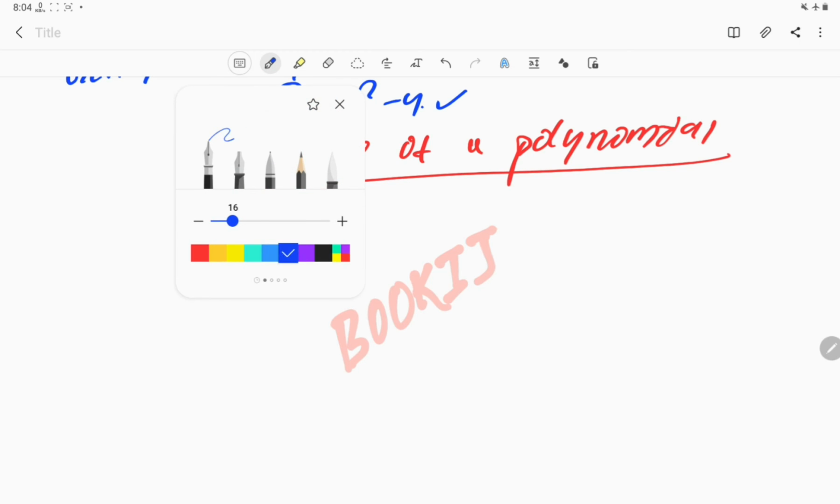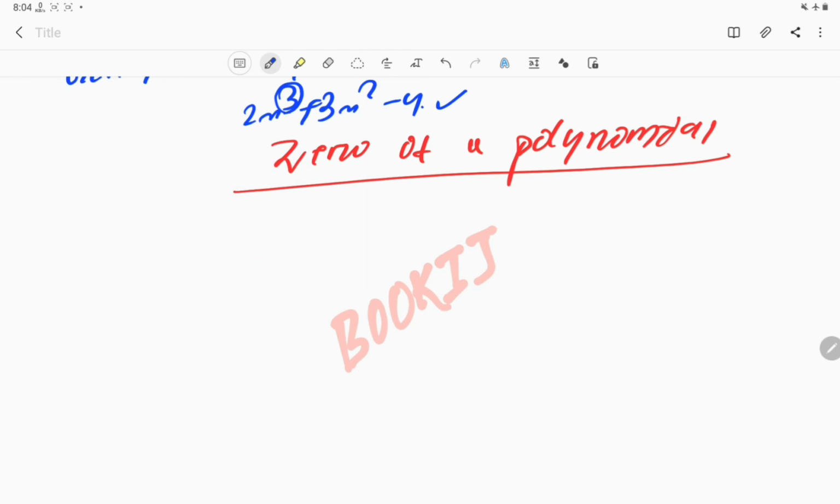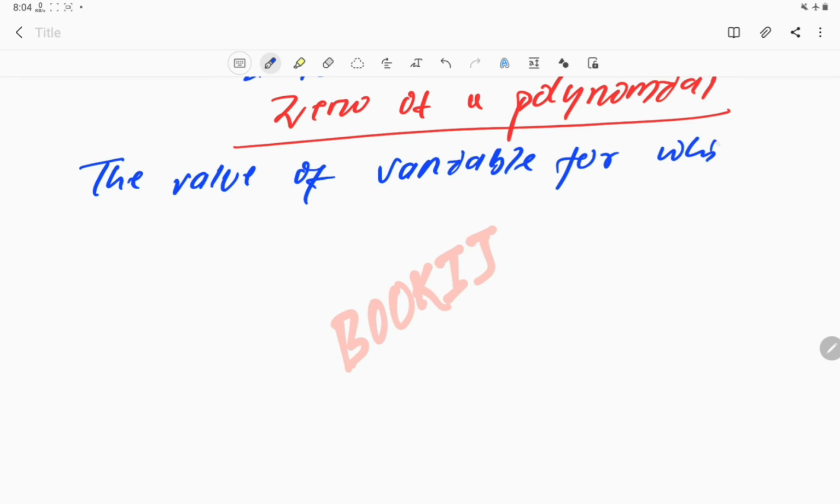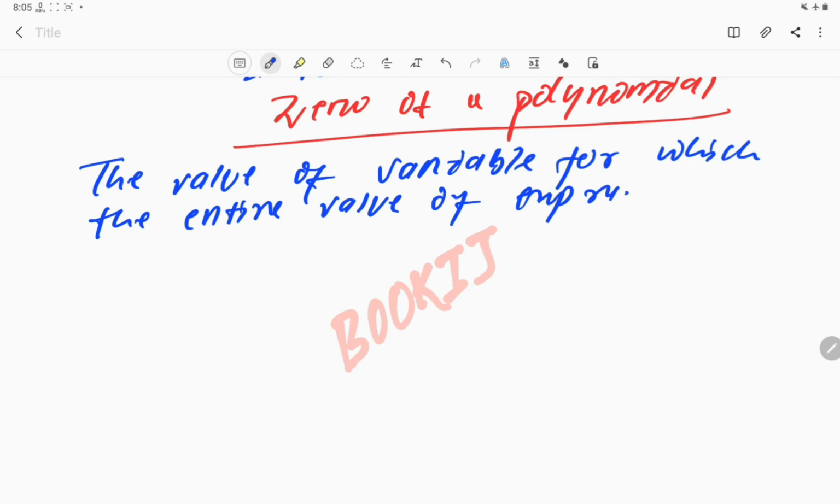The definition of the zero of a polynomial: the value of the variable for which the entire value of the expression is 0 is known as the zero of the polynomial.